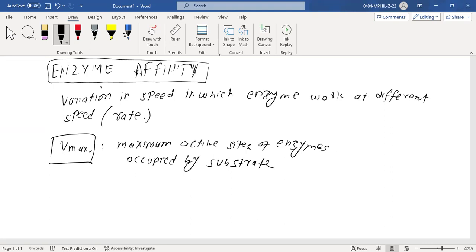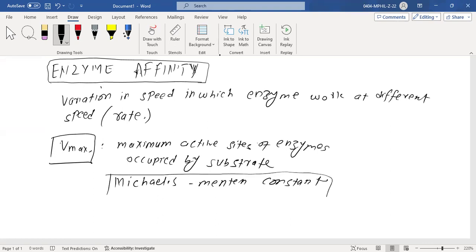Now you have to use a concept here, that is the Michaelis-Menten constant.